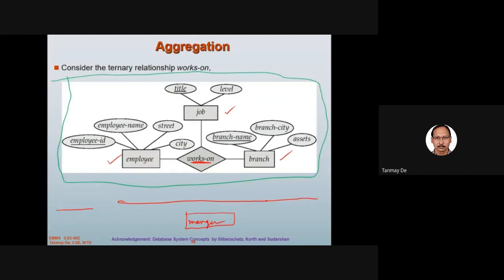We treat this one, job, employee, branch and work on, we aggregate this and treat it as one distinct entity set. Just like this one, you can see.